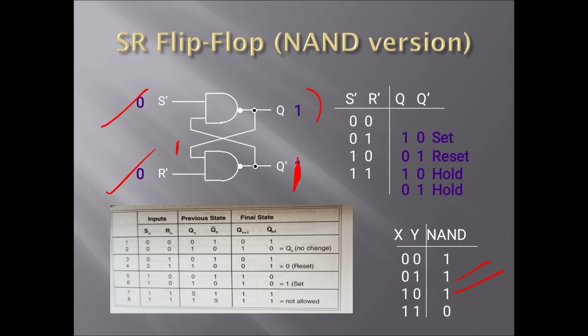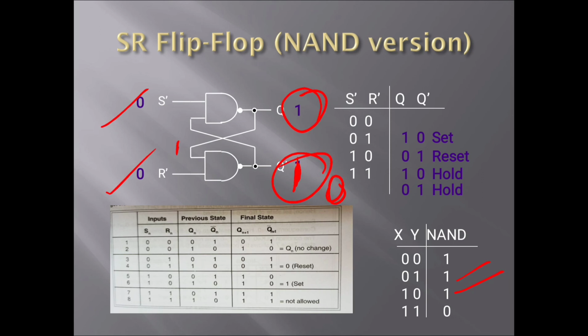Here the value of Q is 1 and Q complement is 1. It will never occur. Both are complement to each other. If the value of Q is 1, then Q complement should have value 0.